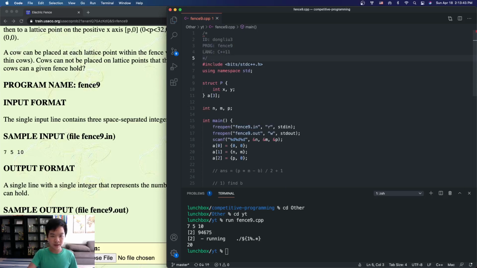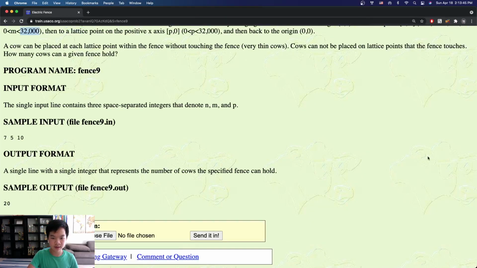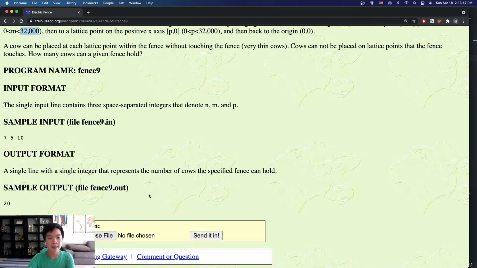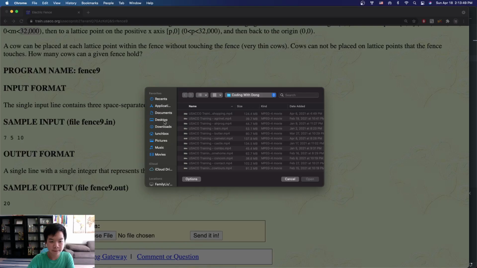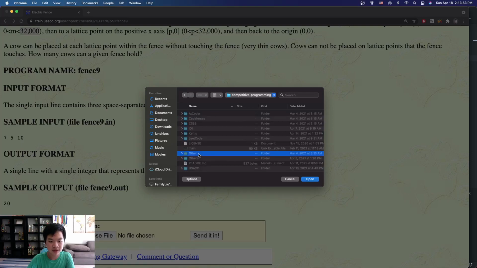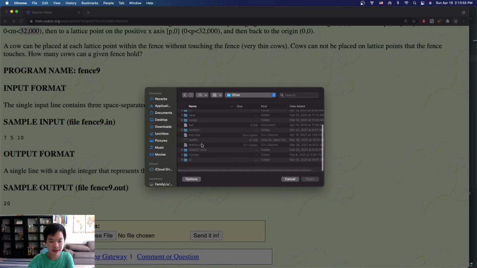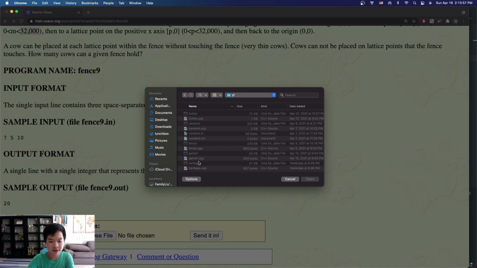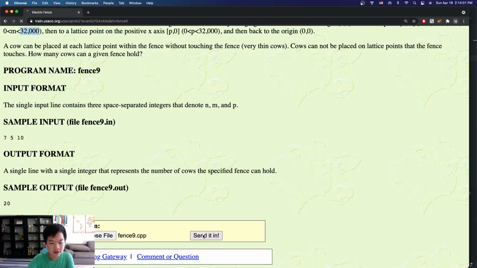So let's go over here and submit it. All right, fence 9, got it. Submit.